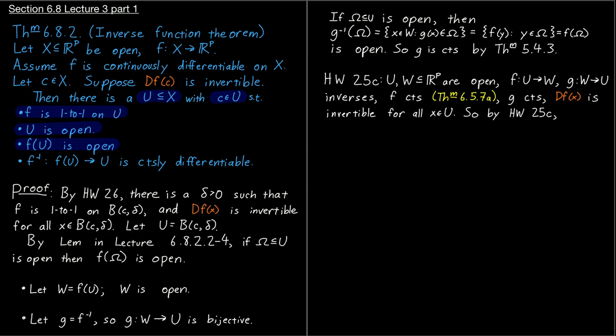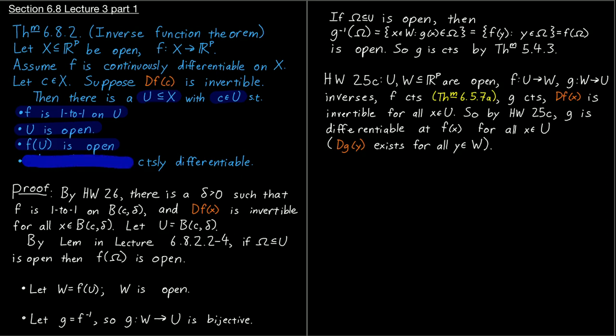So by homework 25C, if all of those conditions are satisfied, G is differentiable at f of x for all x in U. And because F is a bijection, this means that G is differentiable at y, dg of y exists for all y in W. So that gives us that F inverse is differentiable.